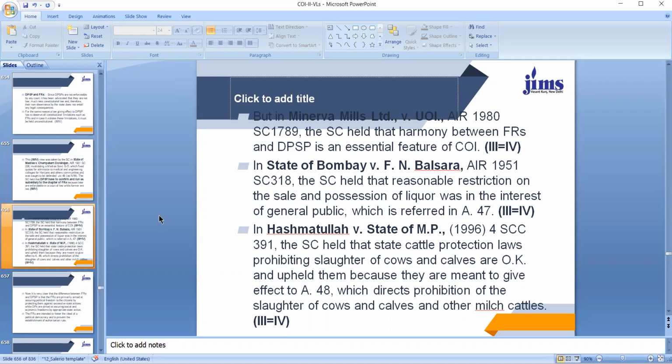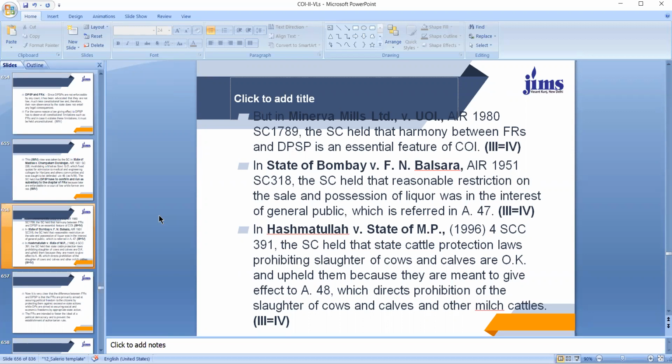In State of Bombay versus FN Balsara, again Supreme Court held that reasonable restriction on sale and possession of liquor was in the interest of general public, which is referred to as directive principle in Article 47. In this case also, the equation remained 3=4, that fundamental rights are equivalent to directive principles of state policy.